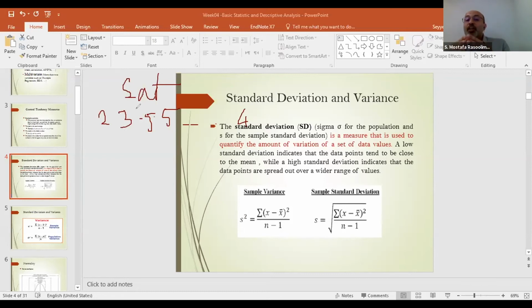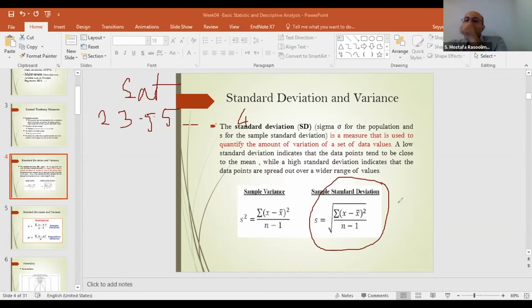If the standard deviation is high, it means we have varied responses. We have 2, 3, 4, and many respondents answer 2, and many answer 3, 4, 5. So we have varied answers. This variation can be calculated using this formula for standard deviation.